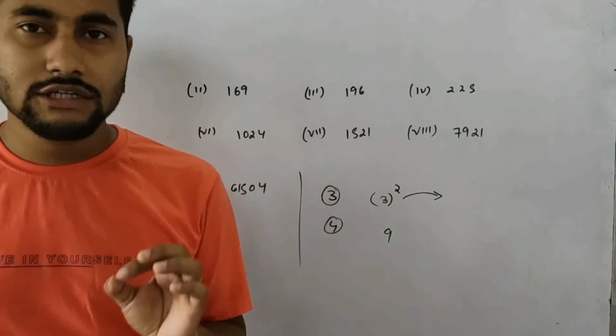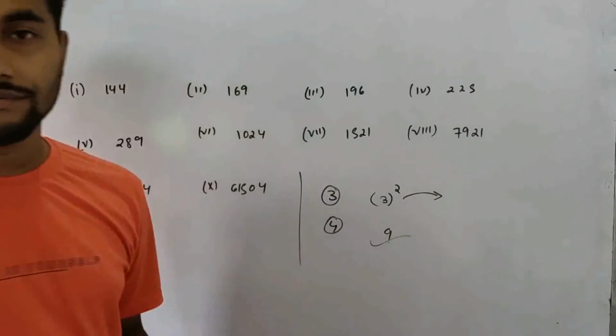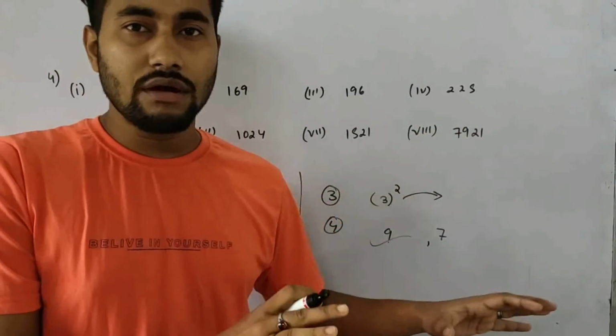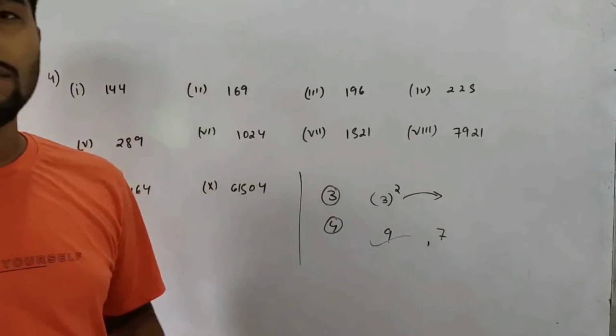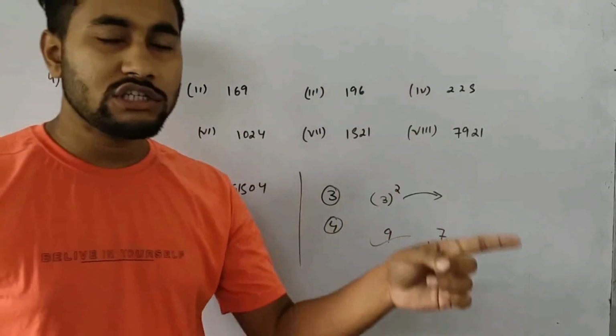Now is 9 a perfect square? Yes, 3 times 3 is 9. Then only you can say this is your answer. Say if 7 is given: yes, 7 is an odd number, but is 7 a square of any number? No, so again this will be wrong. So there is a slight difference between question number 3 and question number 4.